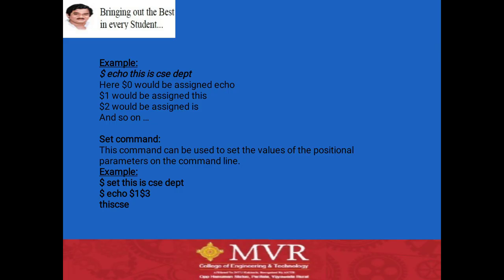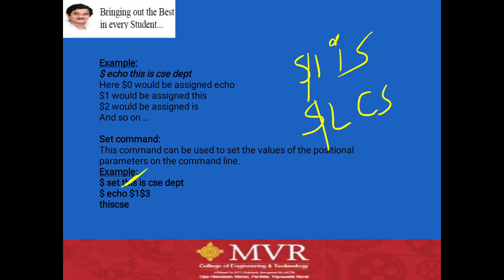If you use the shift command, what happens? The first one, this, will be ignored, and $1 will be is. So it shifts one positional parameter to the left, and $1 will be is, $2 will be CSE, and $3 will be department.